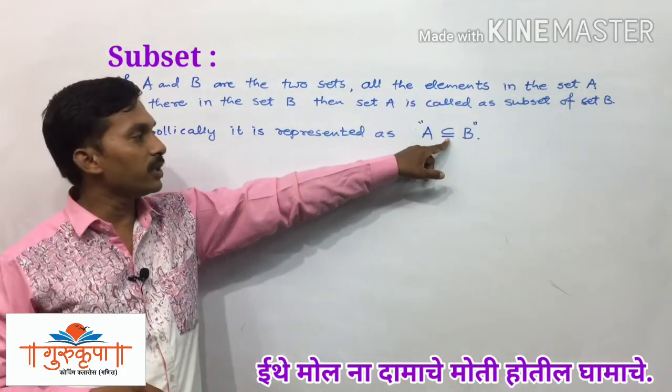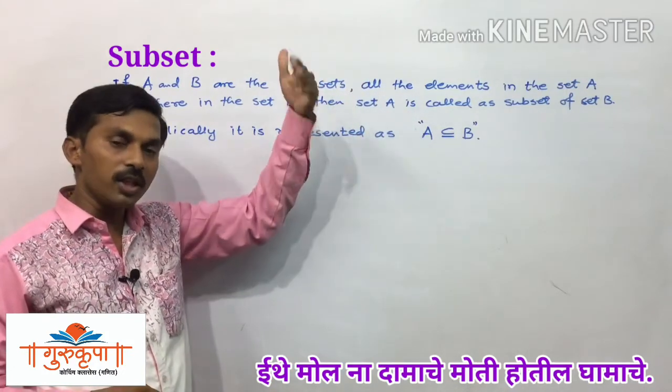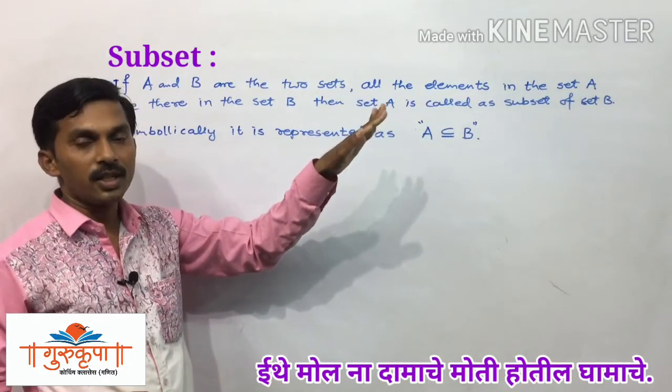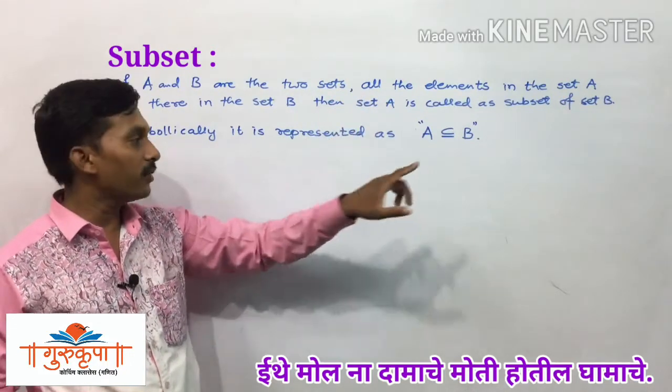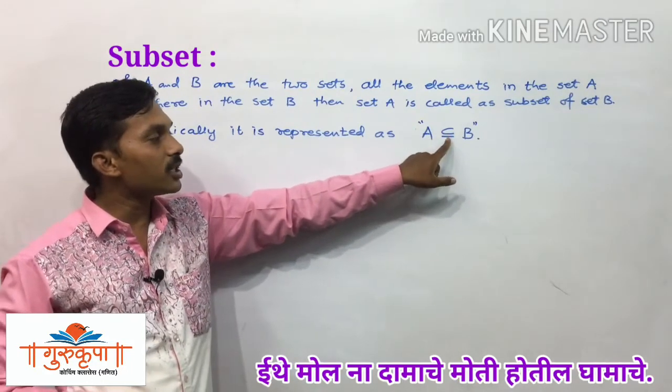The first symbol which we studied in this lesson is element of, then not an element of, then the third symbol is phi, the empty set, and the fourth one is A is a subset of B.